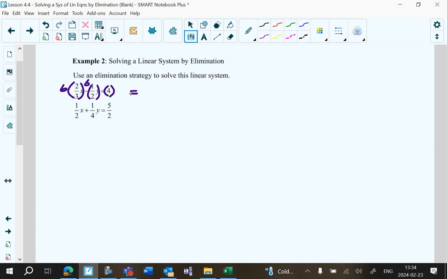So 6 and 3 cancel down to 2, so I get 2 times 2x, which is 4x, minus 6 over 2 cancels down to 3, 3 times y gives me 3y, equals, sorry, I forgot to do this, 6 times 4, 24. That's easier.